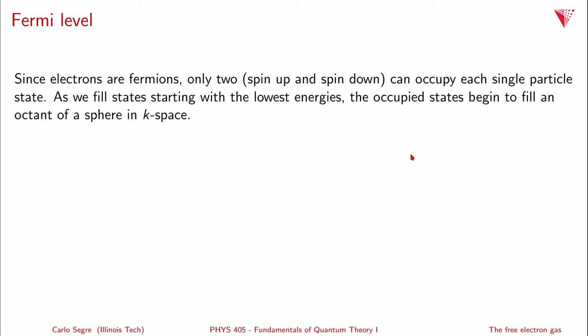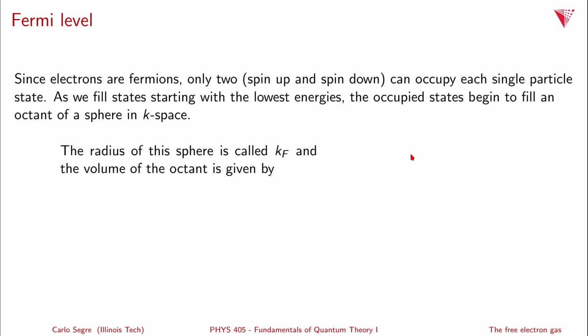Because nx, ny, and nz are all positive, you're only getting 1 octant of k-space. But as you move farther and farther away from the origin, the energy will go higher and higher. So if you want to start with the lowest energies, you have to start with the states that are closest to the origin. Once you fill up with all the n times q electrons, remember there's 2 per state, you reach a certain radius.